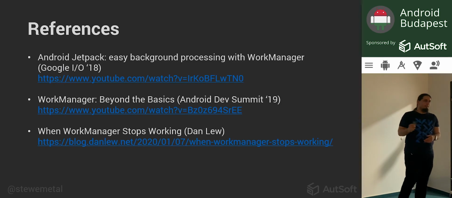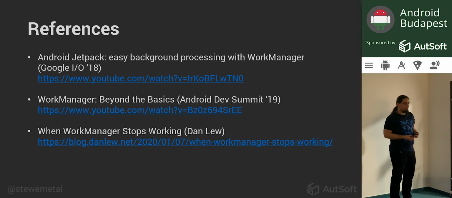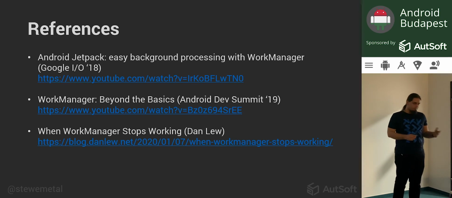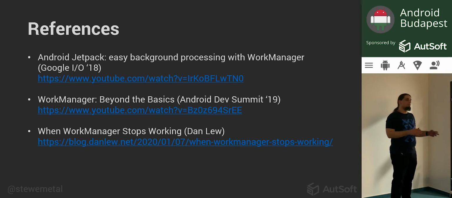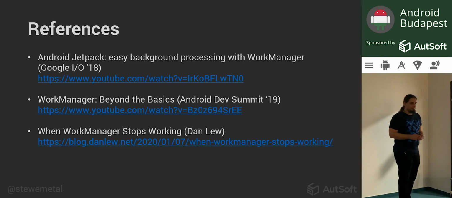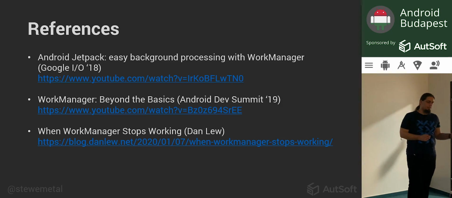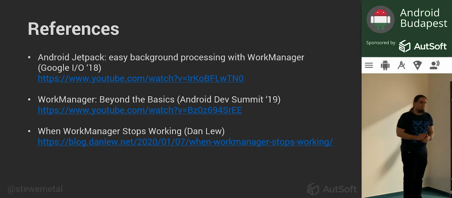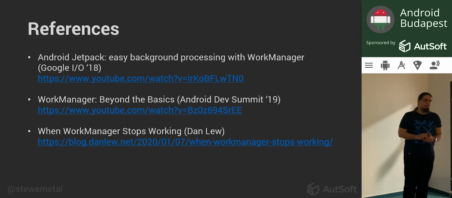Okay. Also, there are talks by Google employees, one from Google I/O 18, and there's also one which goes into more detail on the low-level stuff regarding WorkManager. It was shown on Android Dev Summit 19, and there is the article I've been talking about, when WorkManager stops working.